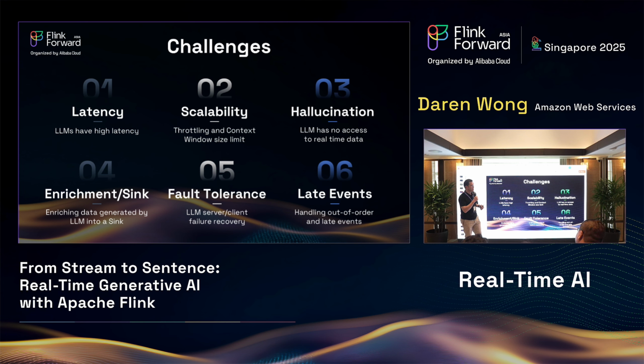The sixth challenge is around late events. What if in your live stream there are out of order or late events? How can you handle that? In our case, if we think about real-time sports commentary, because we always want to produce the latest commentary, we probably just want to drop any late events, for example. So how can we handle that?